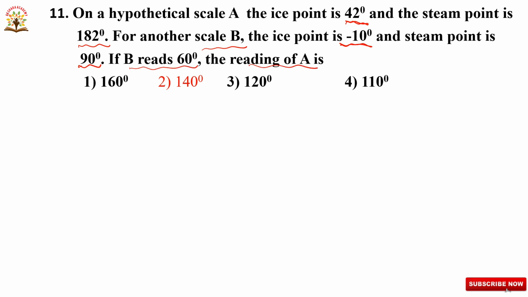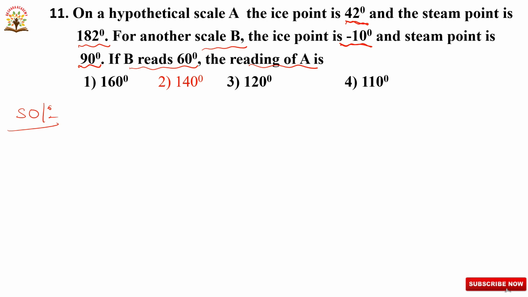Here they have given A and B as the two scales. For A they have given ice point 42, steam point 182, and for another scale B, the ice point is minus 10 degrees and the steam point is 90 degrees. If B reads 60 degrees, the reading of A is. Now let us go to the solution.